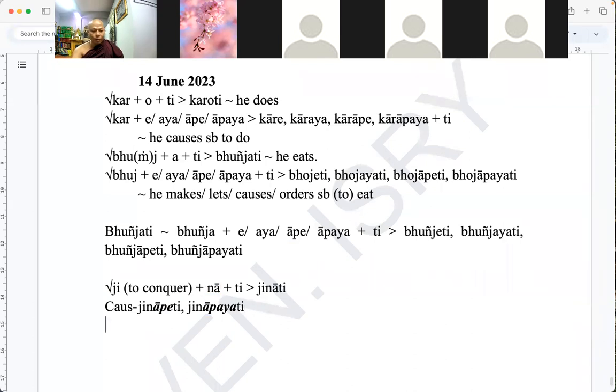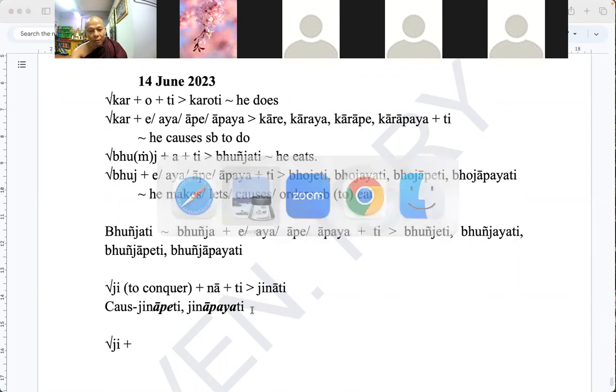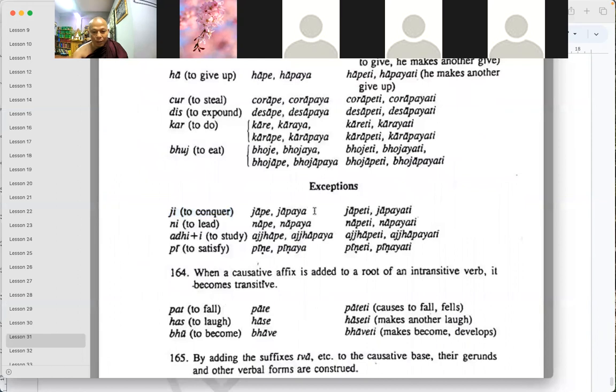But here in the book Pali Easy, as an exception, root ji by adding the ape or something like that. Here you see jayapeti, jayapayati or something. Well, actually that one I could not find, even in the dictionary as well as in the Pali Tipitaka. It also could not be found. Only that is the author's suggestion, others' idea.